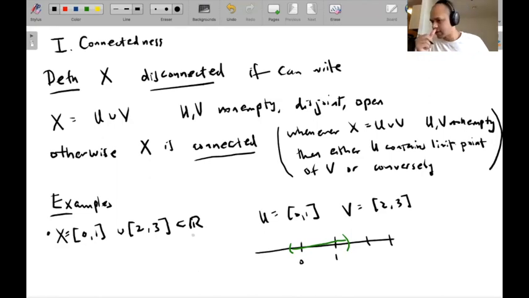It would have been easier on me if I had started with open intervals, but both of these examples are disconnected.